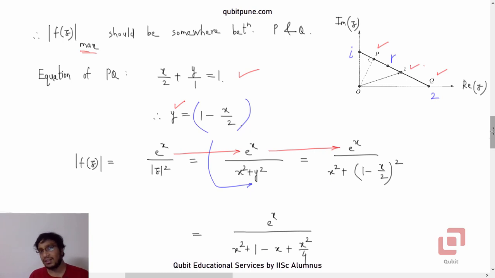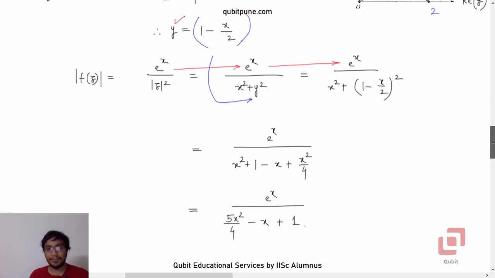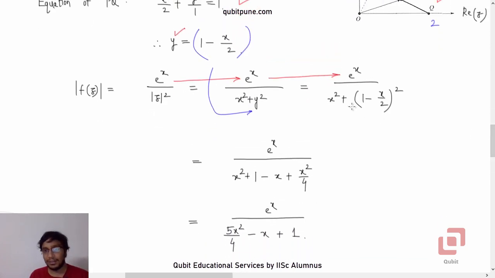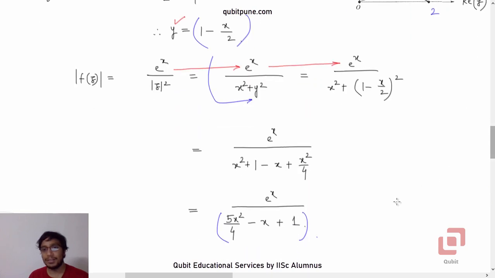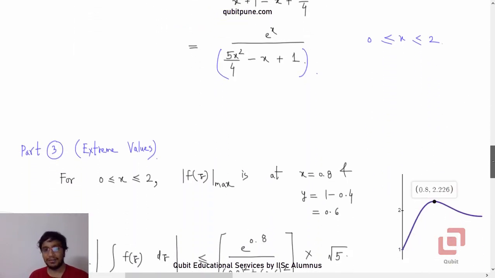So this is now suddenly a problem on single variable calculus, finding the extreme value of the function. If you expand the denominator's second term and add it to x squared, you will get 5x squared by 4 minus x plus 1. Now you can find the maximum value of this function, provided x lies between 0 and 2, by applying the first derivative test.